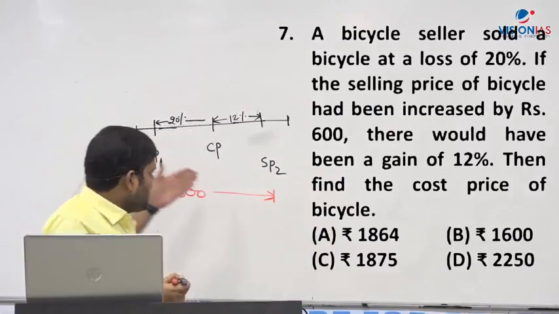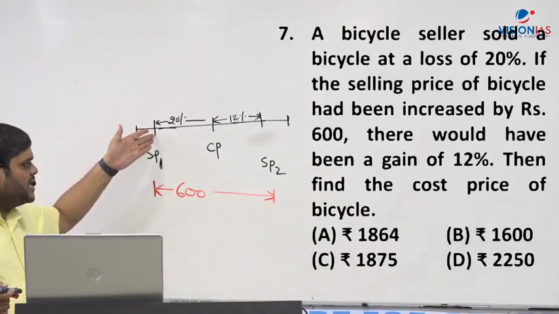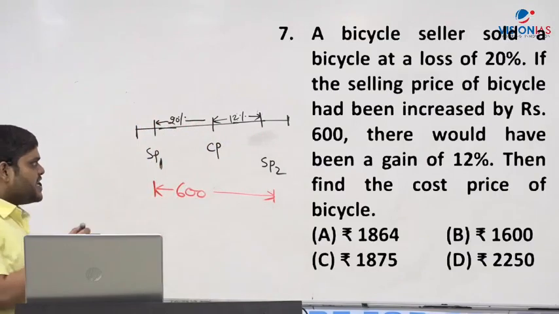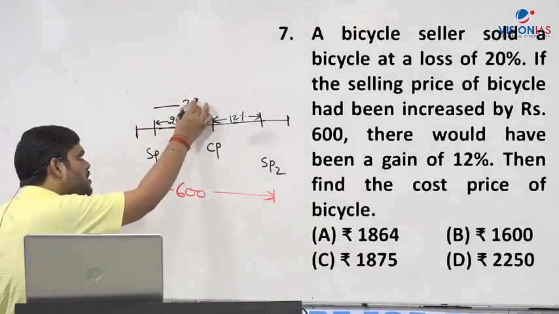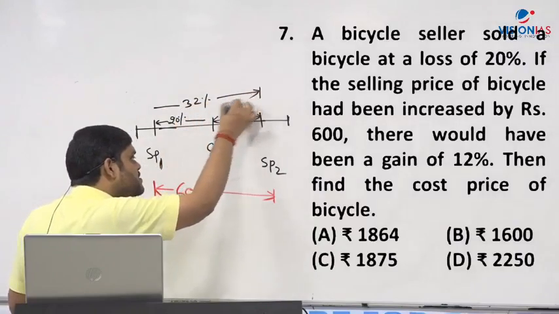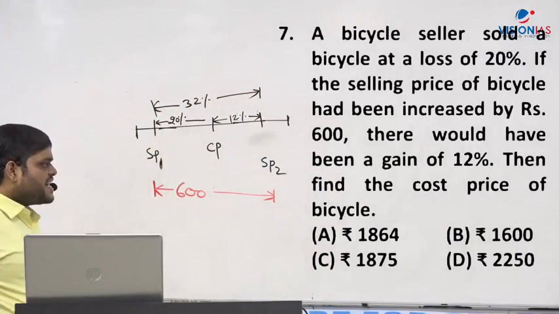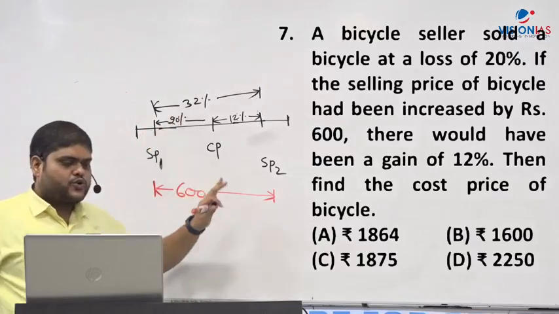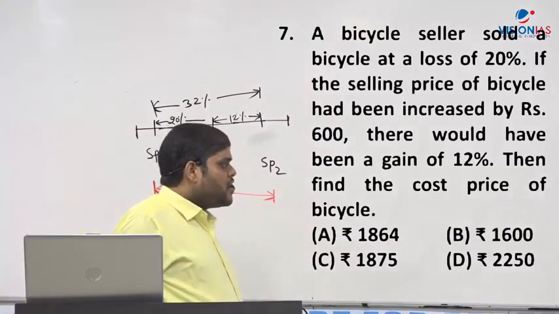So that means if I add 600 rupees here, the loss becomes profit. So can I say this 600 is equal to 32%? What is the question? Cost price.